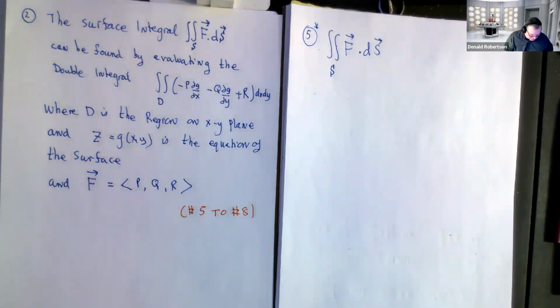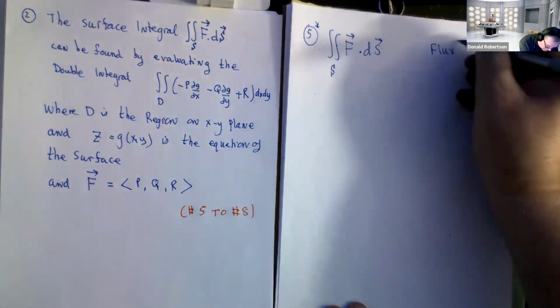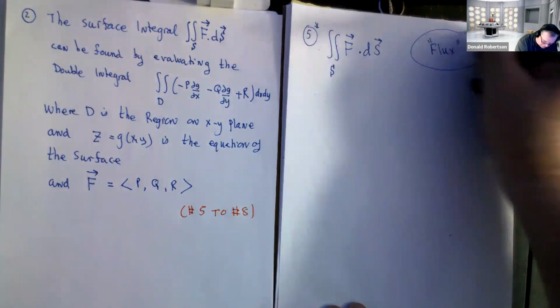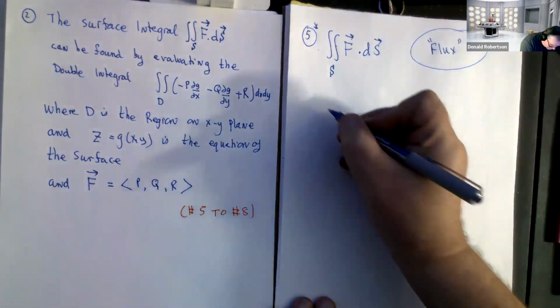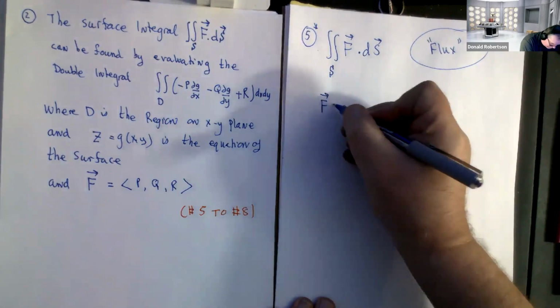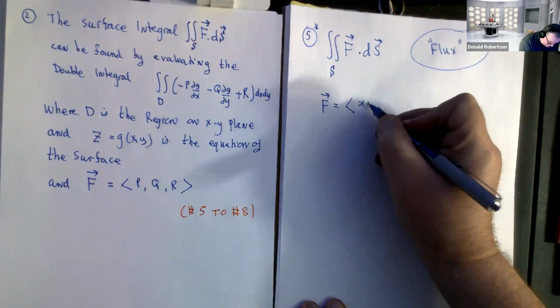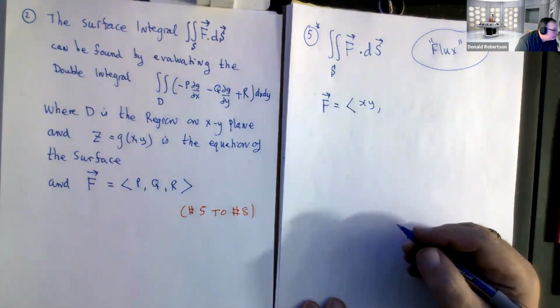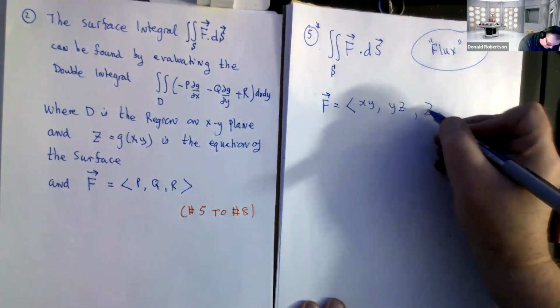So evidently the engineers amongst you know, or will eventually know, a term called flux, which you would probably be interested in finding. Now, in our question, the information they give me is a vector field: xy, yz, and, oh, it's got a lot of symmetry in it, zx.